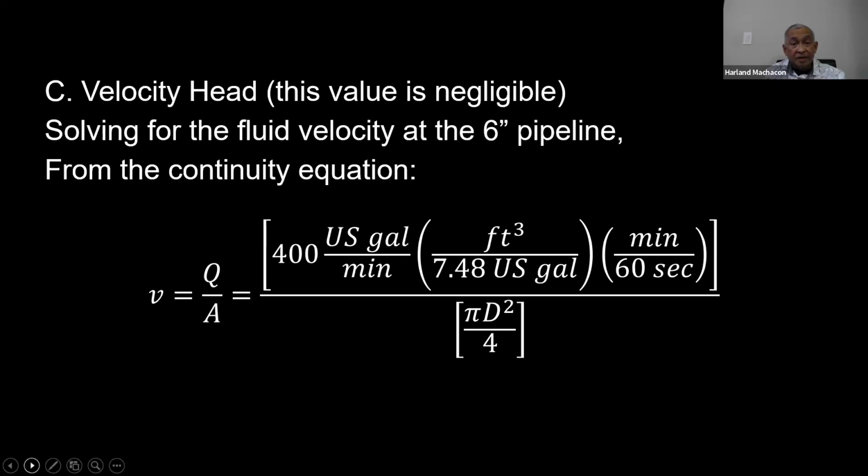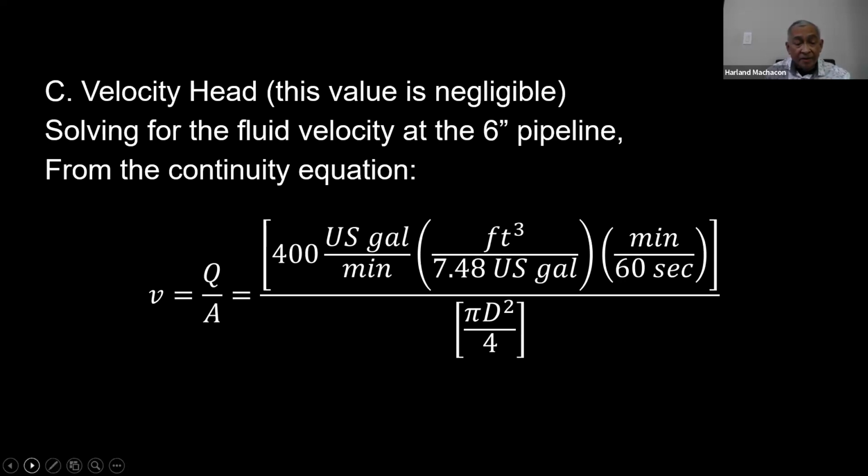The velocity head, I said it is negligible, and I just would like to show you at this point in time that it is really negligible. So solving for the fluid velocity at a 6-inch pipe from the continuity equation at 400 US gallons per minute discharge, we convert it to cubic feet per second, and then divide by the area.